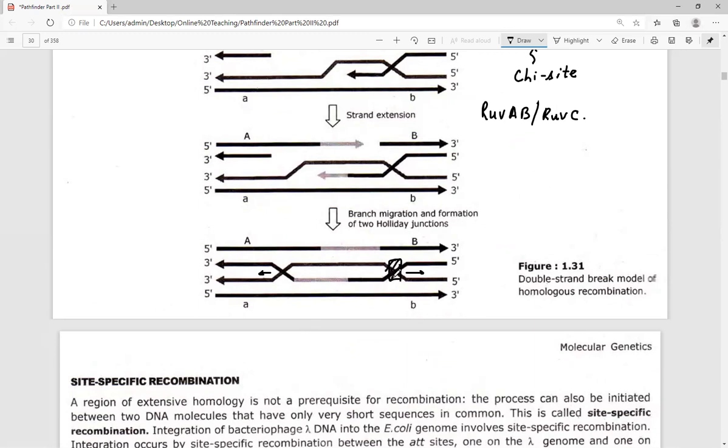So here it would be the RuvC protein, and here another RuvC protein. These are the RuvC proteins.